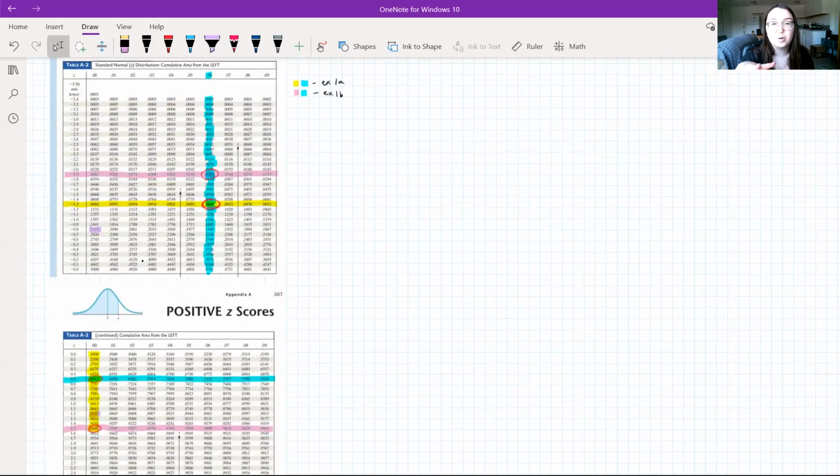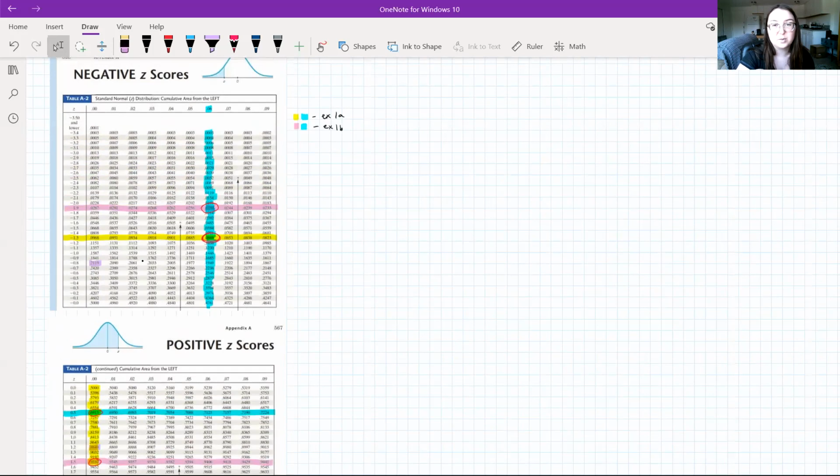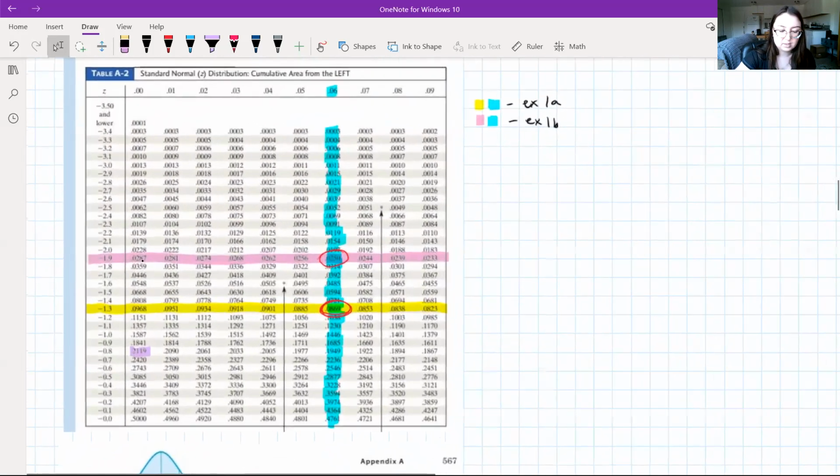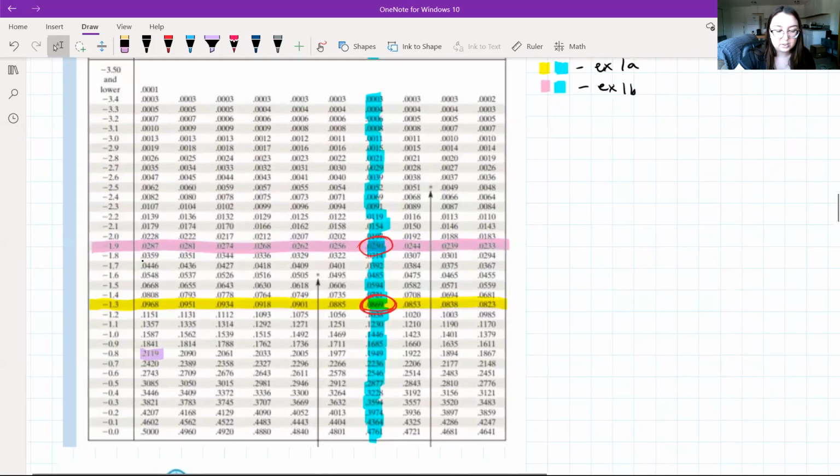We know that our lower values of the area under our curve are going to be in our negative z-score table. So we need to look in our negative z-scores. And remember, we're looking for 0.25.